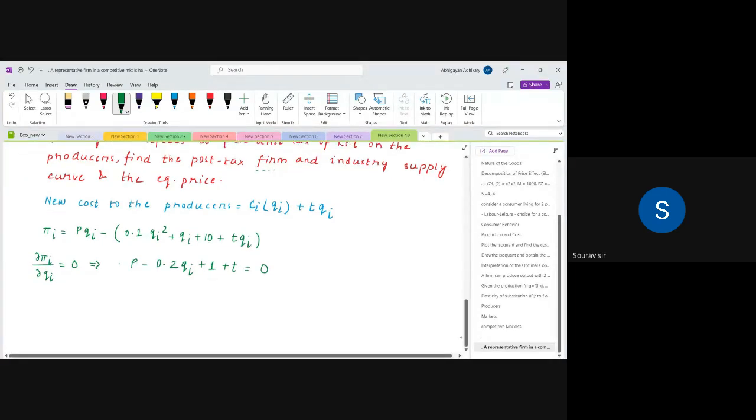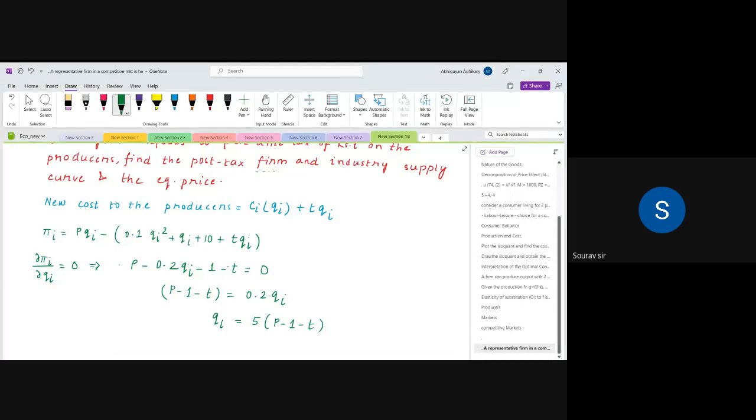So that means P plus 1, wait a minute, not plus 1. It should be minus 1 minus T. Yeah. P minus 1 minus T is 0.2 Q_i. So Q_i is equal to 5 times (P minus 1 minus T). Right? Are all of you getting this? Yes.